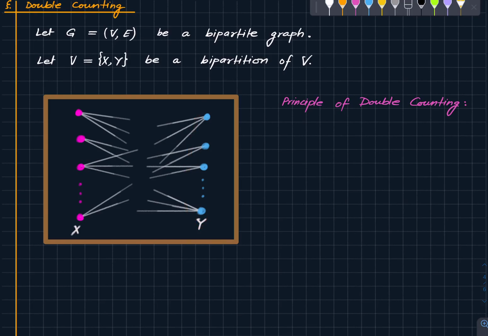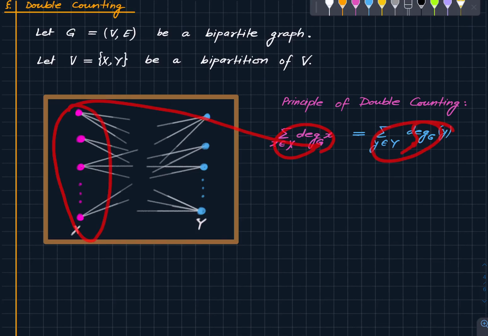So the principle of double counting says that the summation of degree x over the left side is equal to the summation of degree y over the right side, right? So this red corresponds to that and blue corresponds to this. That is the principle of double counting.